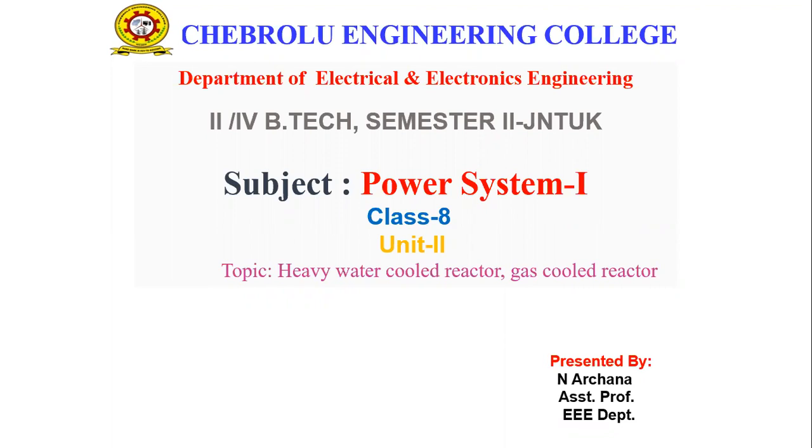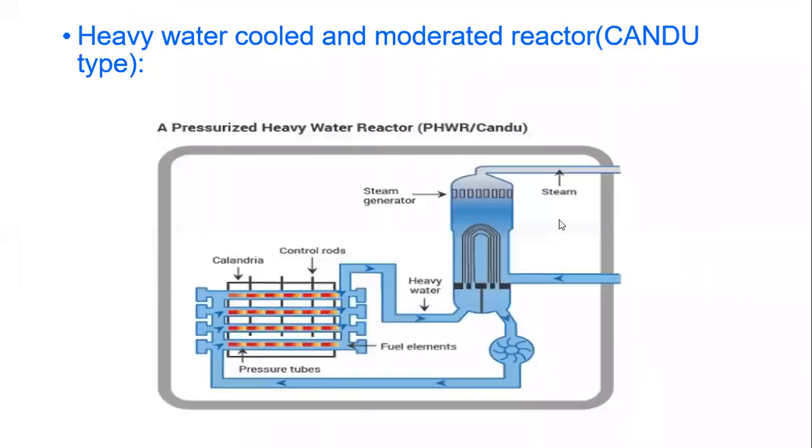That's why it is the heart of a nuclear power plant. The last types of reactors are the heavy water cooled reactors and the gas cooled reactors.